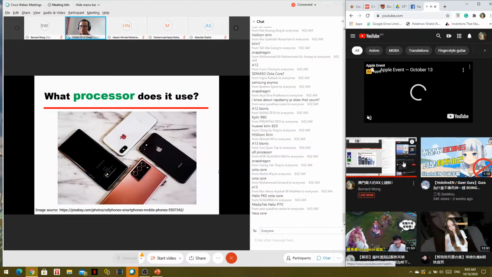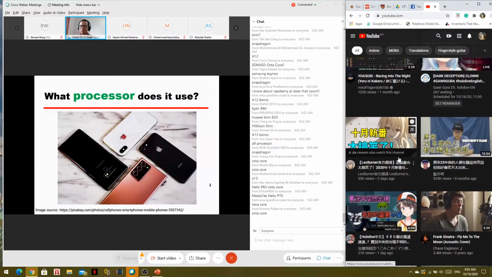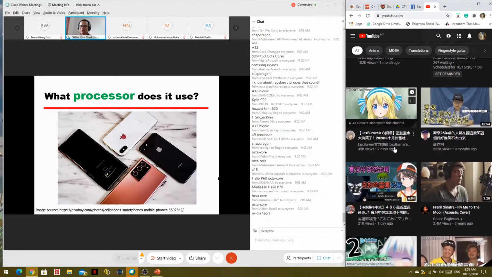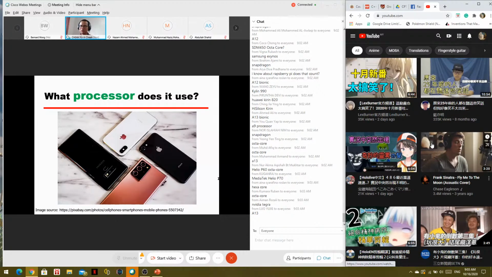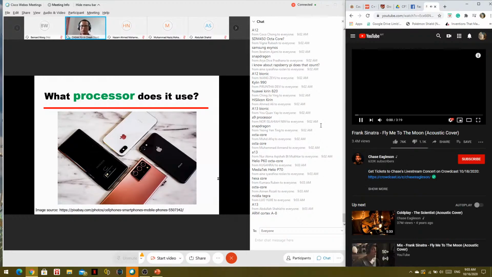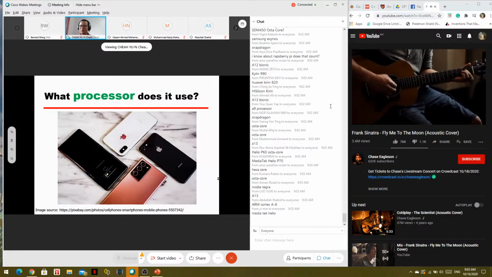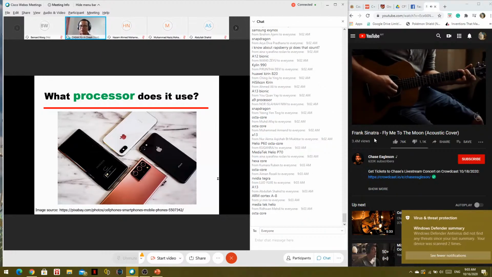NVIDIA is usually the graphics processor. SDM450 octa-core, Exynos. Raspberry Pi is the small board, it's not for the mobile phones. Octa-core. Some of it will be overlapping.